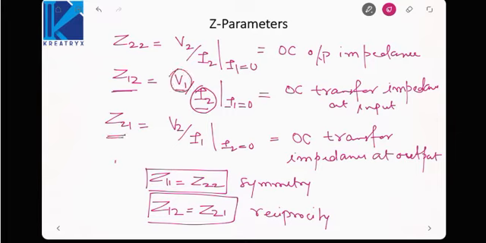What is Z21? We have applied excitation at port 1 and are observing the voltage at port 2. If both are the same, because the ratio of response to excitation must remain the same if we interchange the ports, then only the network is reciprocal. So this is the condition for reciprocity, that Z12 should be equal to Z21.